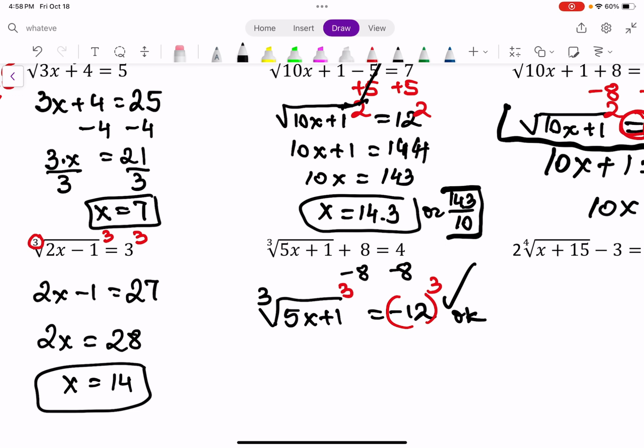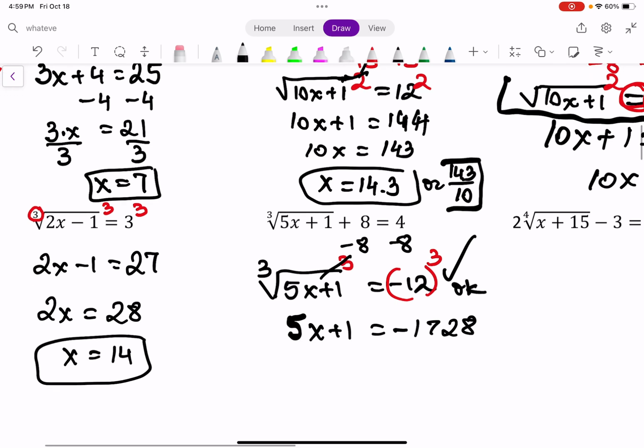So again, the cube is here to take away the cube root. I'm left with 5x plus 1, and negative 12 to the third power should be a humongous number. I put it in my calculator. Well, not that humongous, but negative 1,728. Okay, no problem.